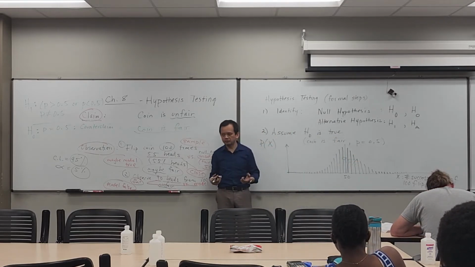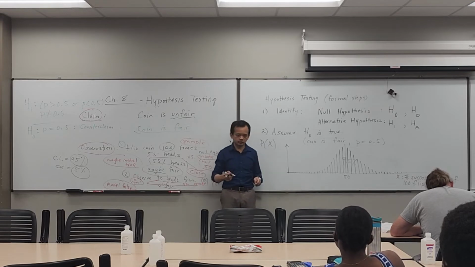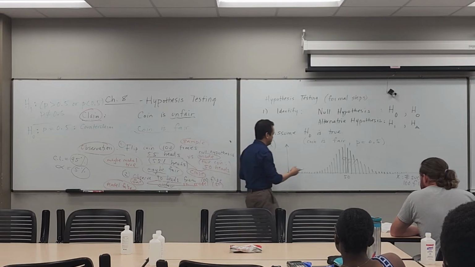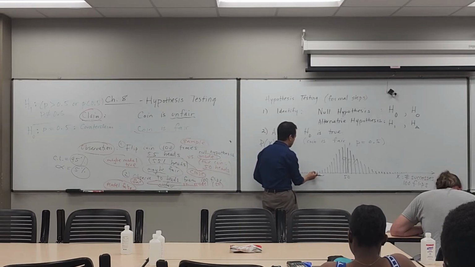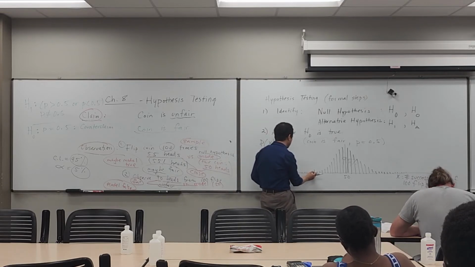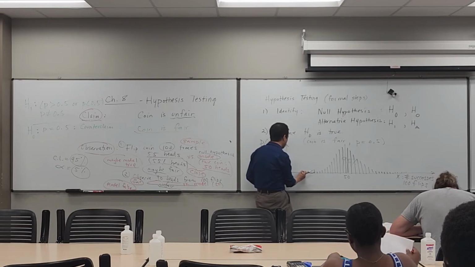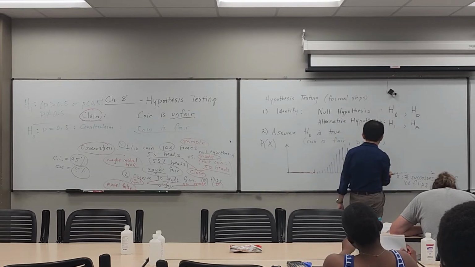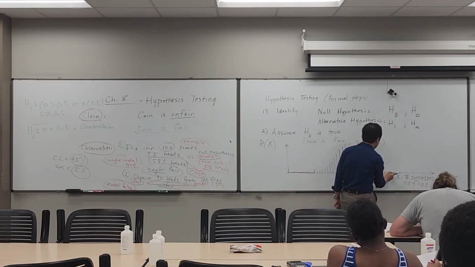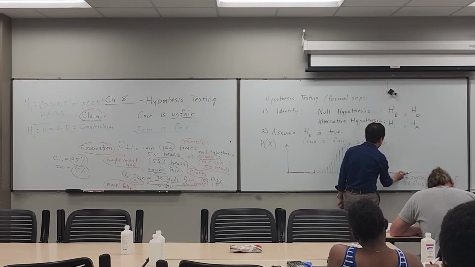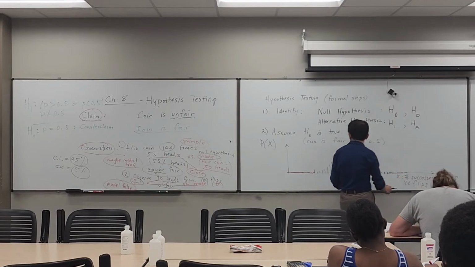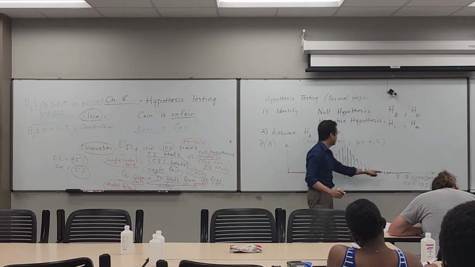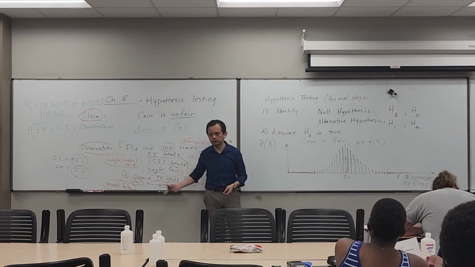And then what's left over, the 5%, is in the tails of the distribution. So these two red tails have to add up to what's left over of the 5%.